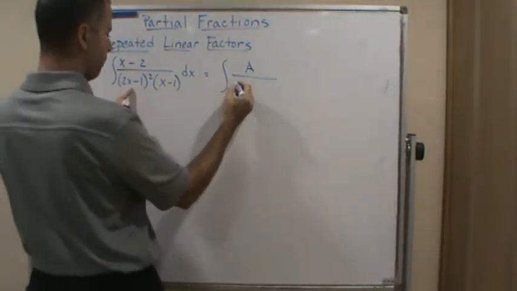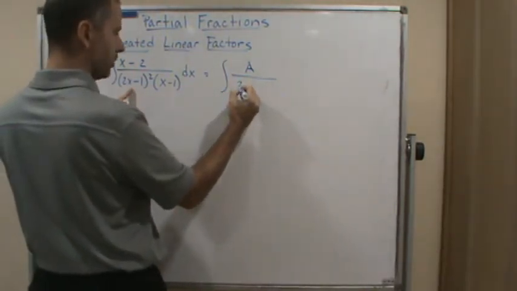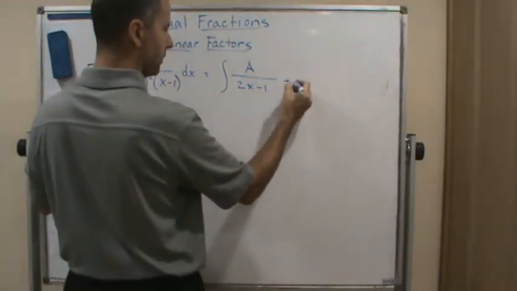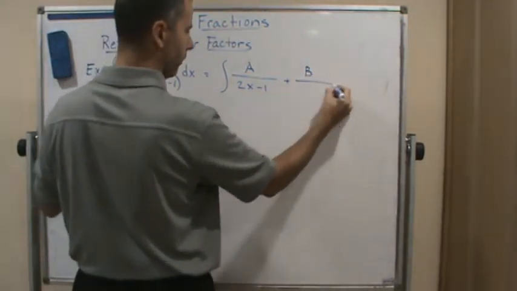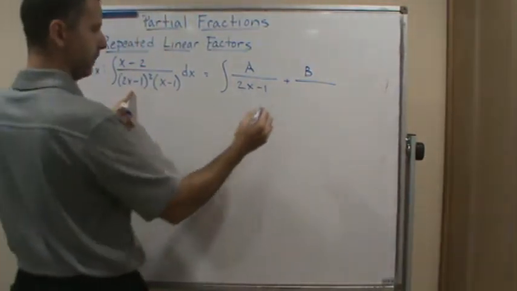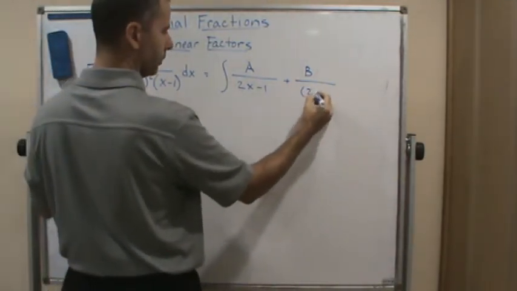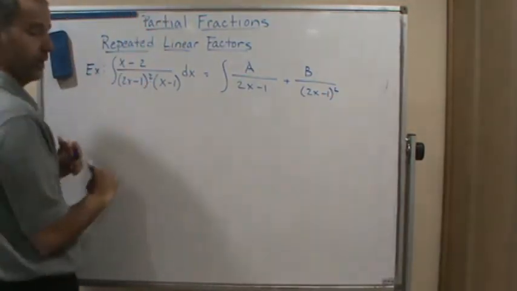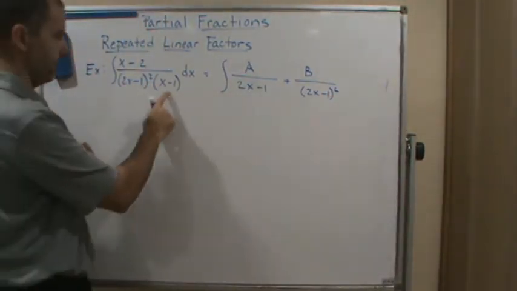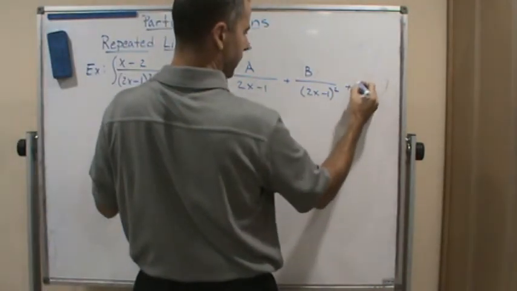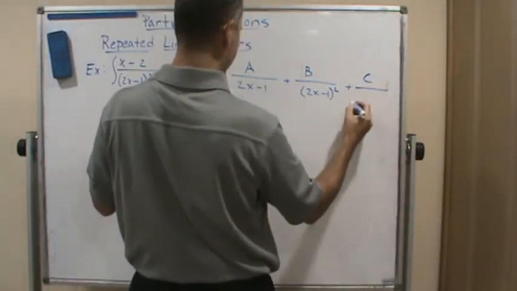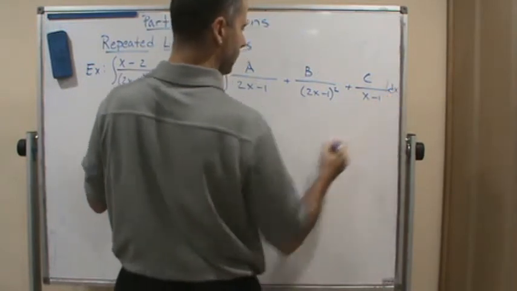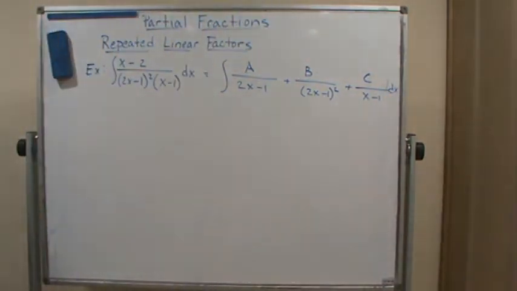So we're going to start with the minimum power, which is just a over 2x minus 1, plus b over the next power, which is 2x minus 1 squared, which is the maximum one, so that's where we stop. Now we got to do this one. So it's going to be plus c over x minus 1 dx. Okay, so there's the setup.